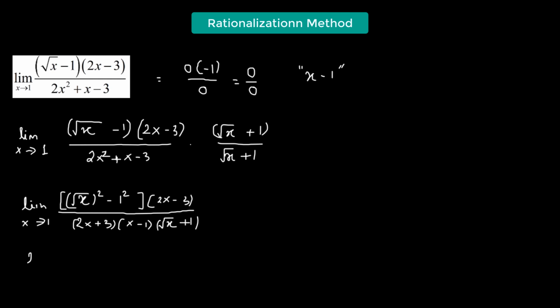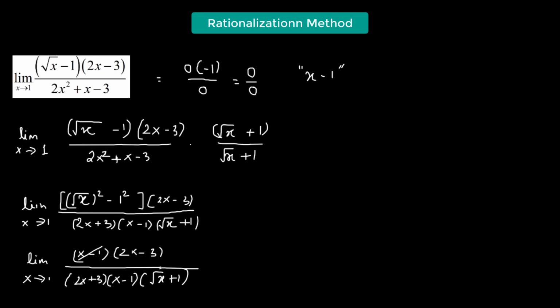So that will finally give us limit x going to 1. Root of x whole squared will be x. So we have x minus 1 times 2x minus 3 divided by 2x plus 3 times x minus 1 times square root of x plus 1.